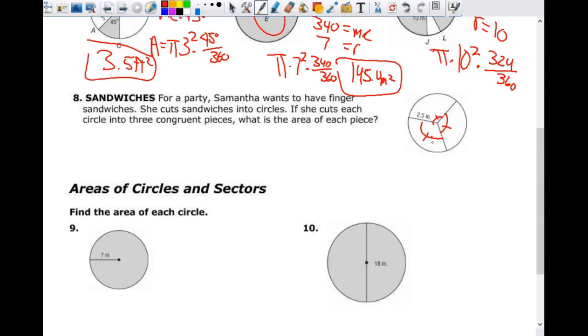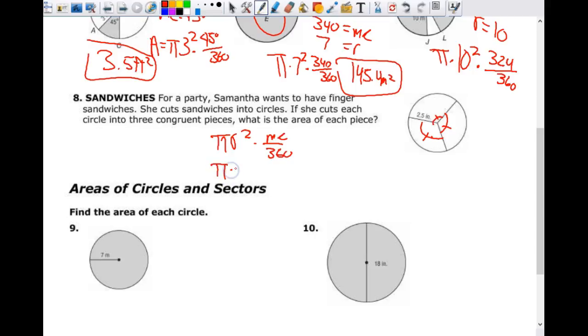Valeria. Thank you. All of those angles are the same. How do I know those are all the same? Because we have 3 congruent finger sandwiches. So the formula to figure this out would be pi r squared times the measurement of the angle divided by 360.